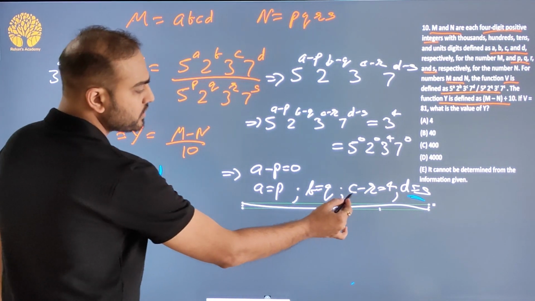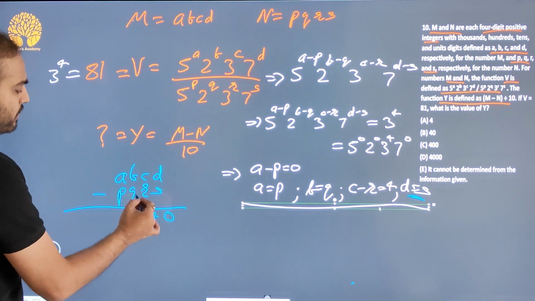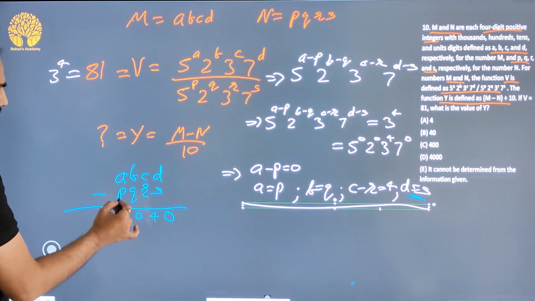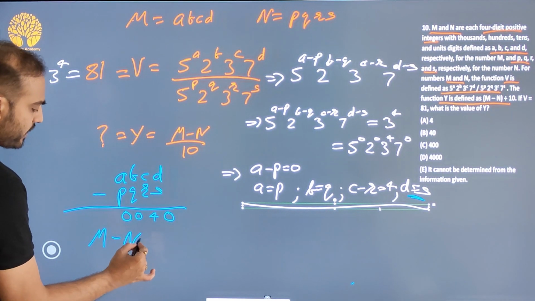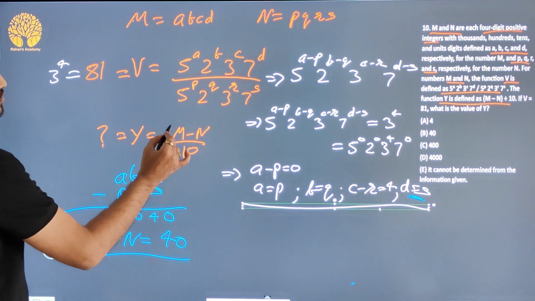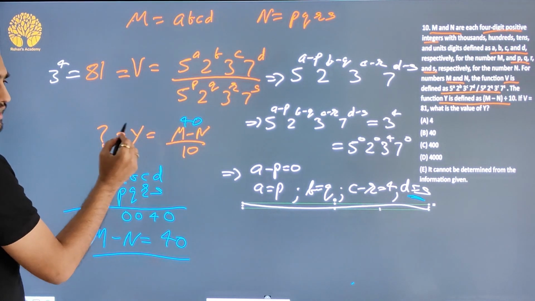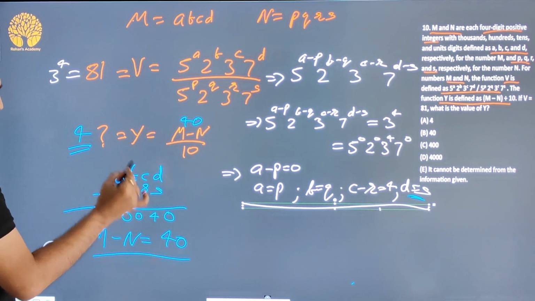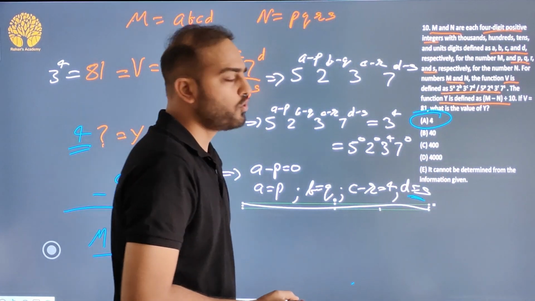C minus R I know is 4. B minus Q, again 0. A minus P, again 0. So M minus N is simply 40. So if M minus N is 40, Y is 40 by 10, which is 4.